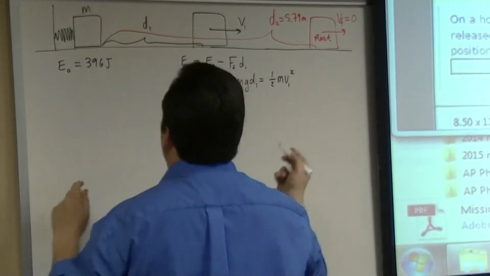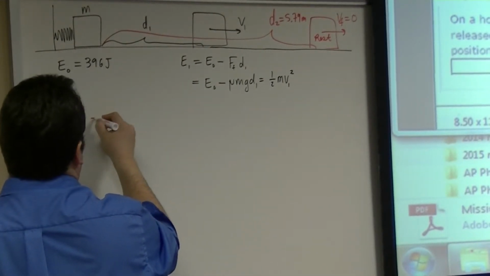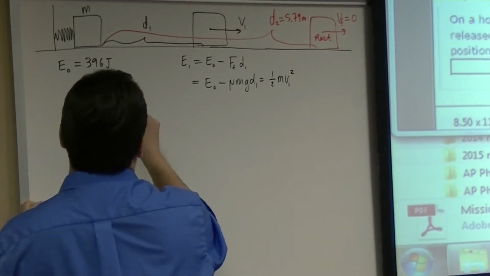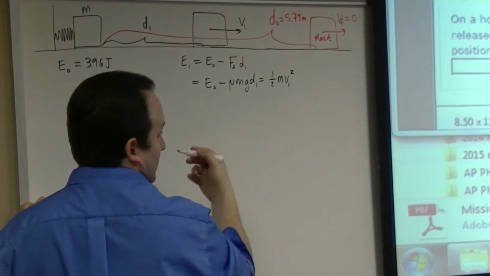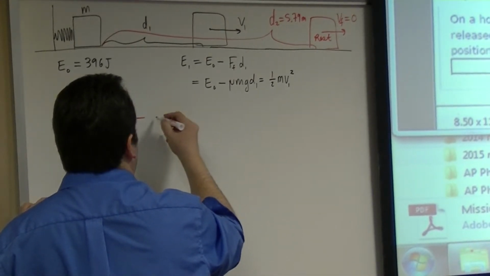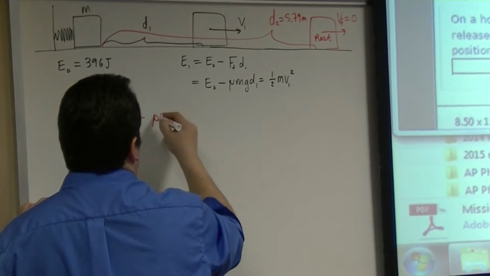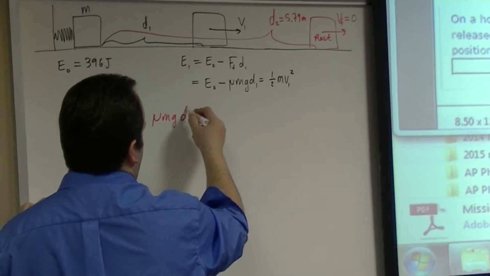Now, how is E2 related to everything else? Well, it's also equal to E naught minus the energy lost to friction, right? So minus the force of friction, which is mu mg, that's the force of friction n times d2.